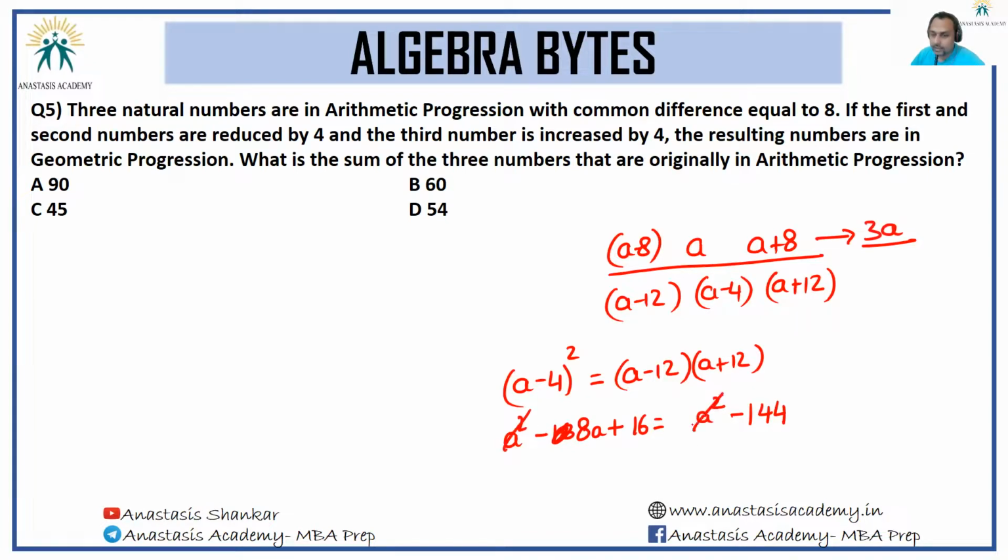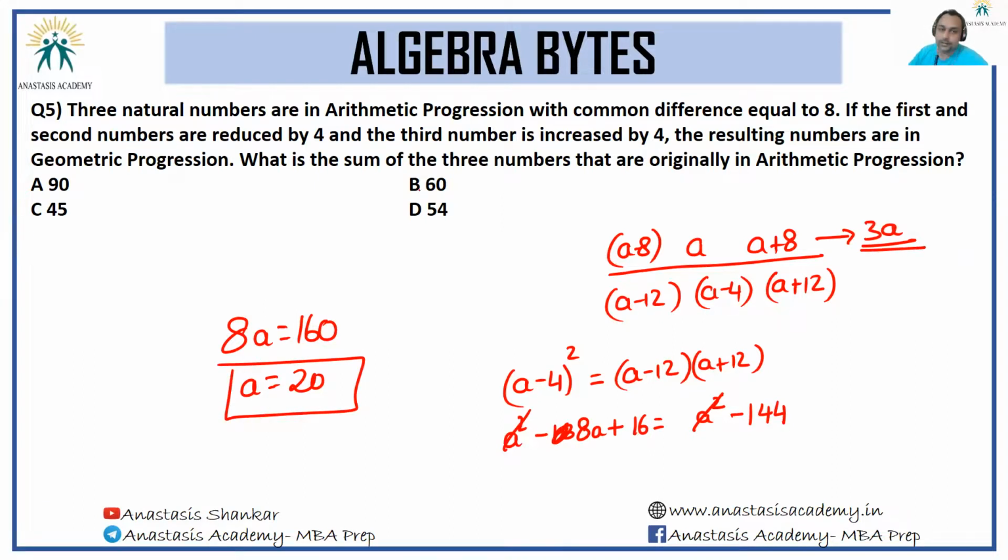So a square gone. 8a is equal to 160 and a is equal to 20. What we finally need is 3a. So answer has to be option B.